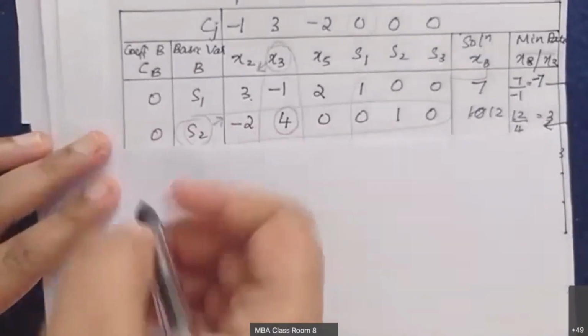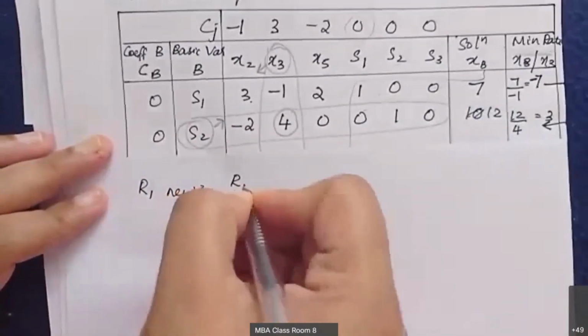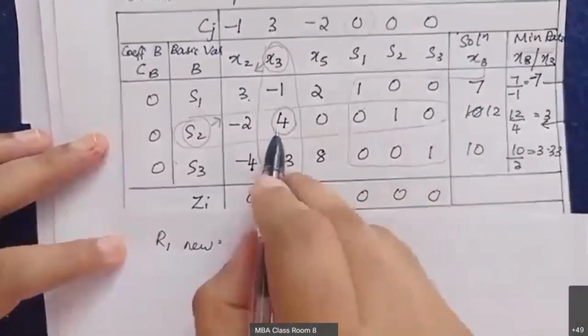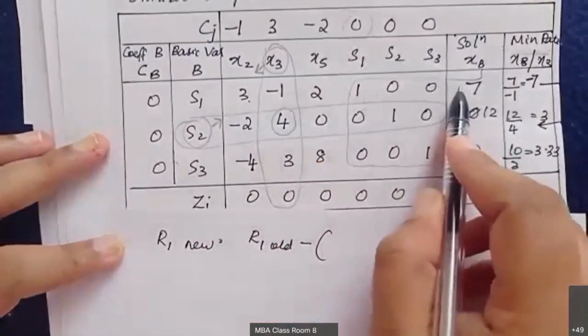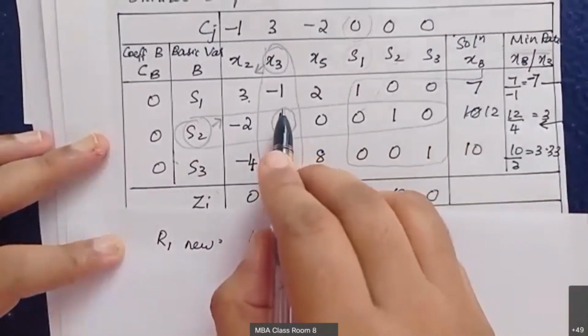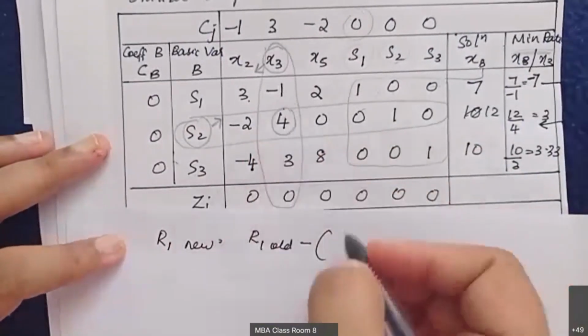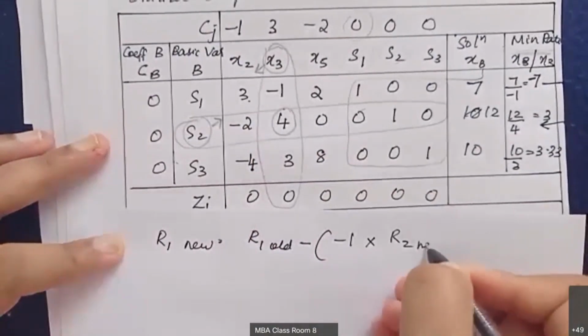R1 new is equal to R1 old minus the number above or below the key element. Over here we are considering the first row, so we have to consider the number above the key element. Key element is 4, above is minus 1. So I'm writing minus 1 into R2 new.